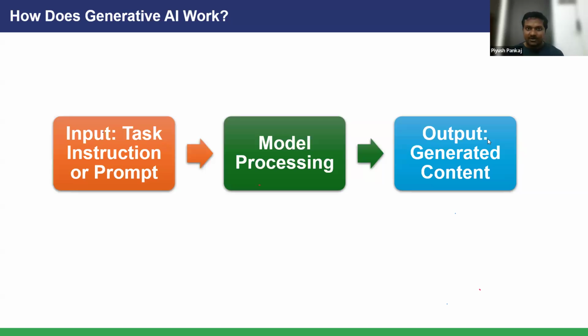I will be using this term a lot: model. So first of all, we give the input. It is going to be a task instruction, or we can call it a prompt. It is given to a model. The model is going to process it and try to understand what you want exactly. And the model is going to generate the content, new content.